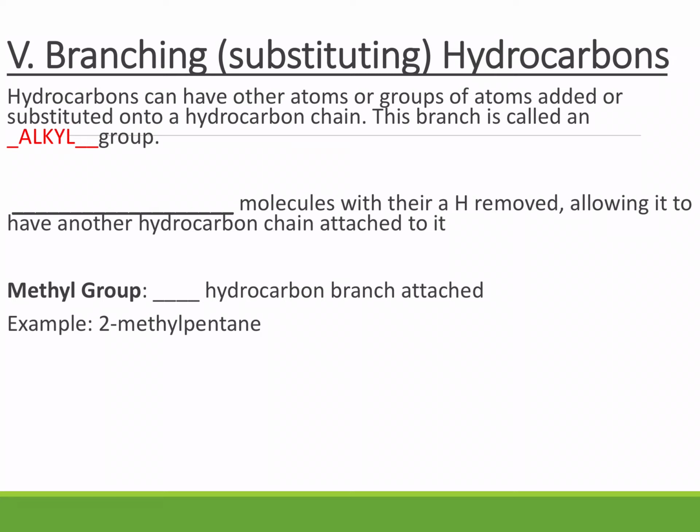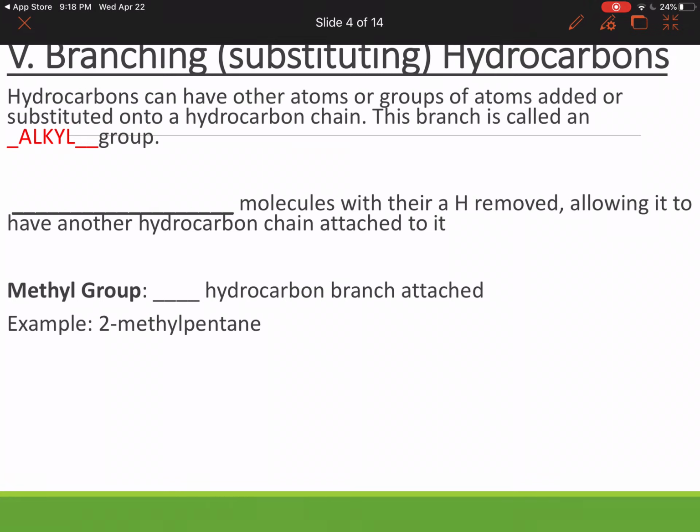Okay, what is up with this alkyl group? Well, this alkyl group is made up of either alkanes, and it could be other things too, but primarily we're just going to stick to the alkanes. And we're calling it alkyl because it's not really an alkane. It has a hydrogen that's removed, and that allows it to attach to the chain.